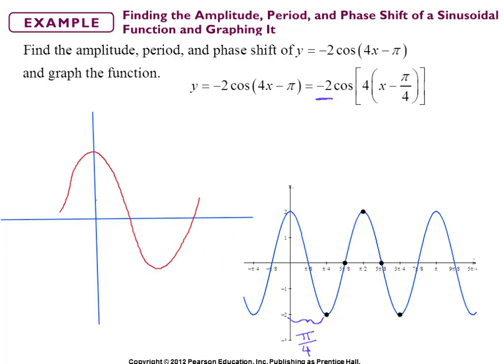So this is the cosine graph. It starts at 1 and continues through. Okay, so this is cosine. Now we have minus cosine. Does everybody see that?